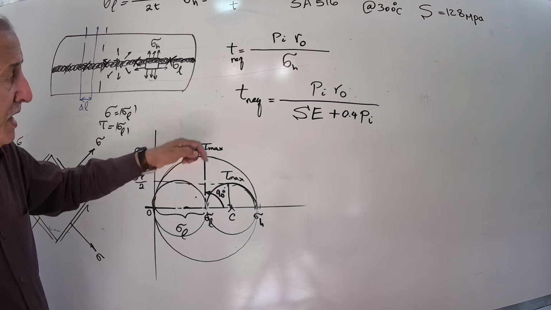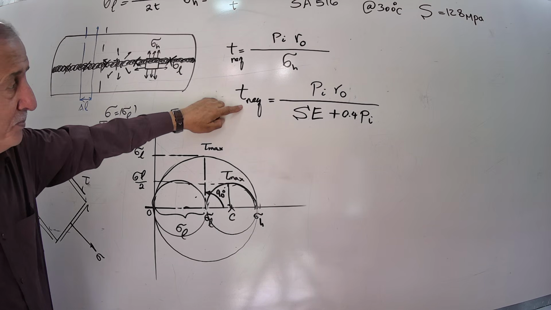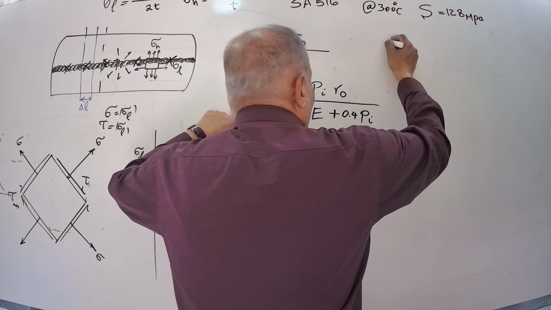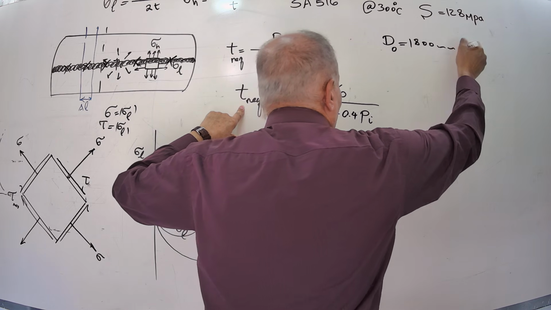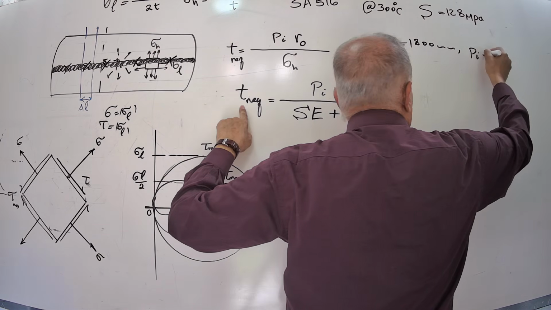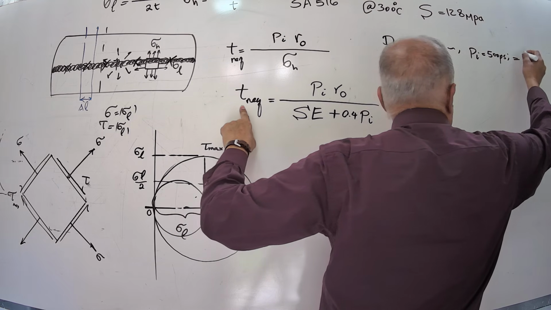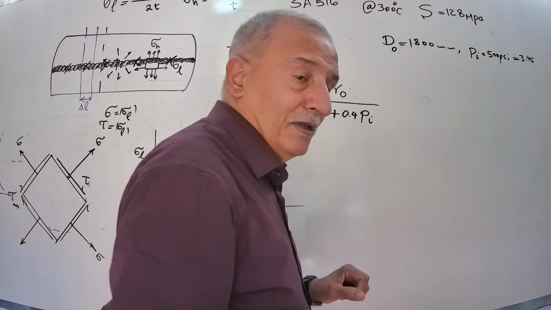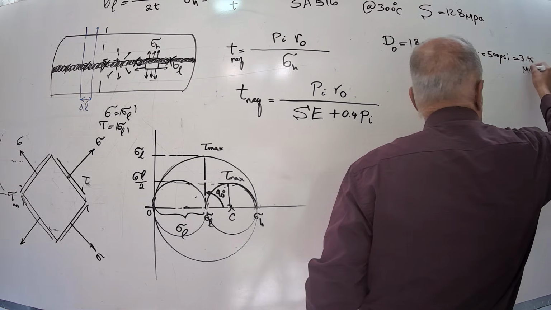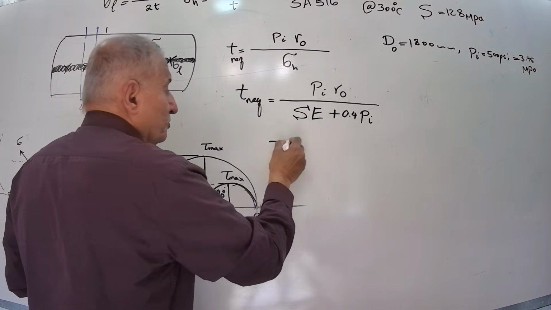Okay. Assume that we wanted to find a thickness for a pressure vessel that has an outside diameter of 1800 millimeter, and inside pressure they use 500 psi, which is equivalent to 3.45 megapascal. Let's substitute.